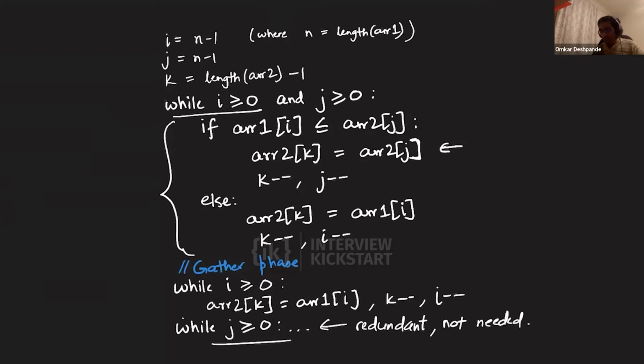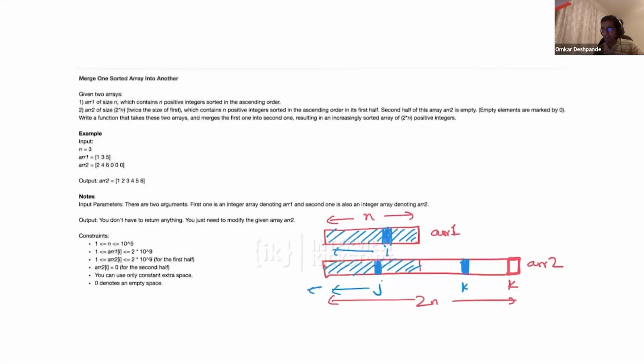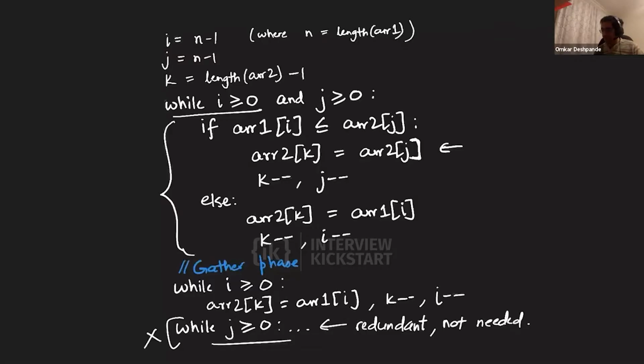So this is not needed, and once we gather up any remaining elements from the first array, the output is already there in the second array, and it looks like you don't have to return anything in this problem. We just change the second array in place.